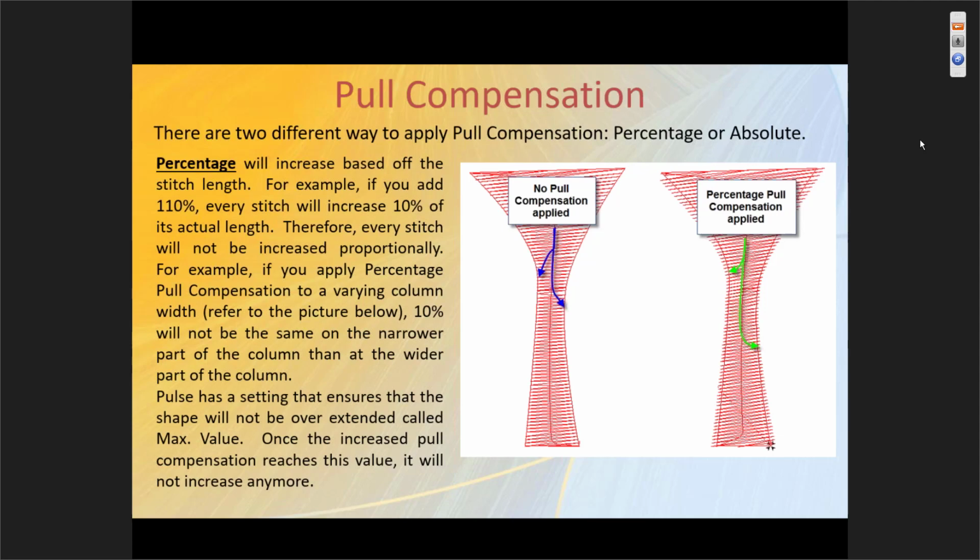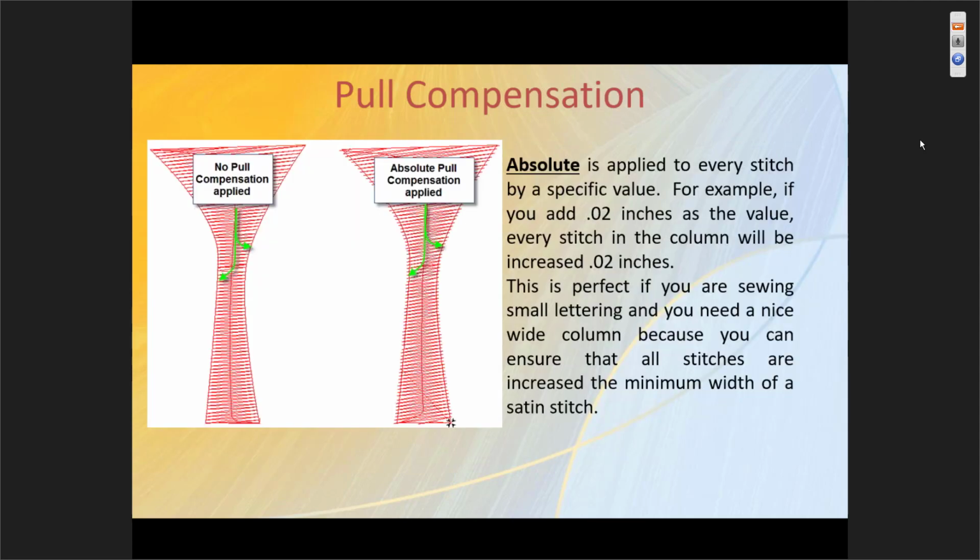So what you're going to find is that the majority of your recipes and pretty much all your digitizers are going to be using the newer of the two, which is your absolute pull compensation. So with absolute, it is applying a specific value across the board. So in this instance, we added 0.02 as our value.